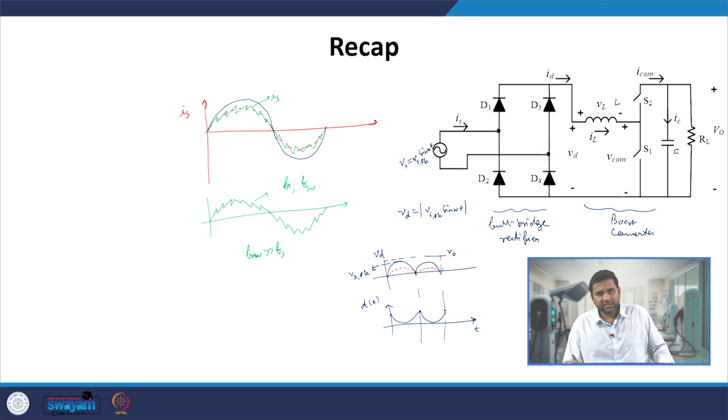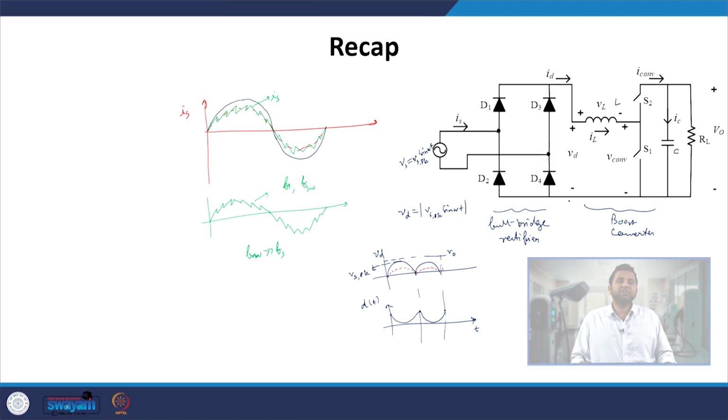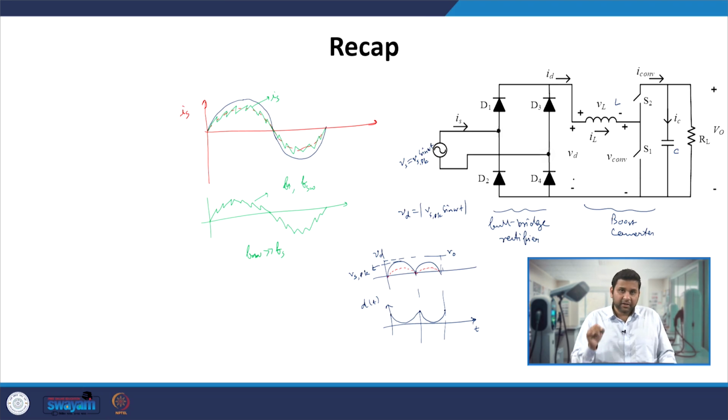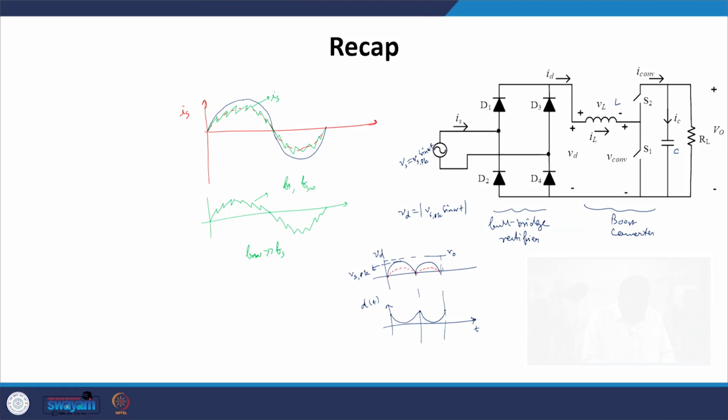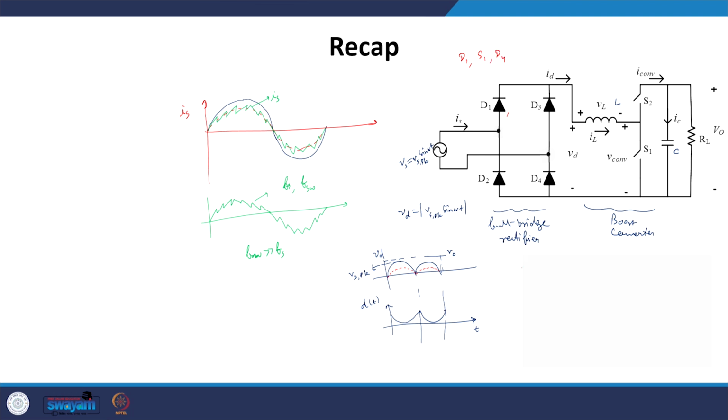Now, let us discuss another variation of this boost PFC converter, which is the bridgeless converter. If you look very carefully at the boost PFC converter, we have the input full bridge rectifier. Let us say in the positive half cycle we have diode D1 in conduction. During the DTs period our S1 switch is conducting and then D4 is conducting.